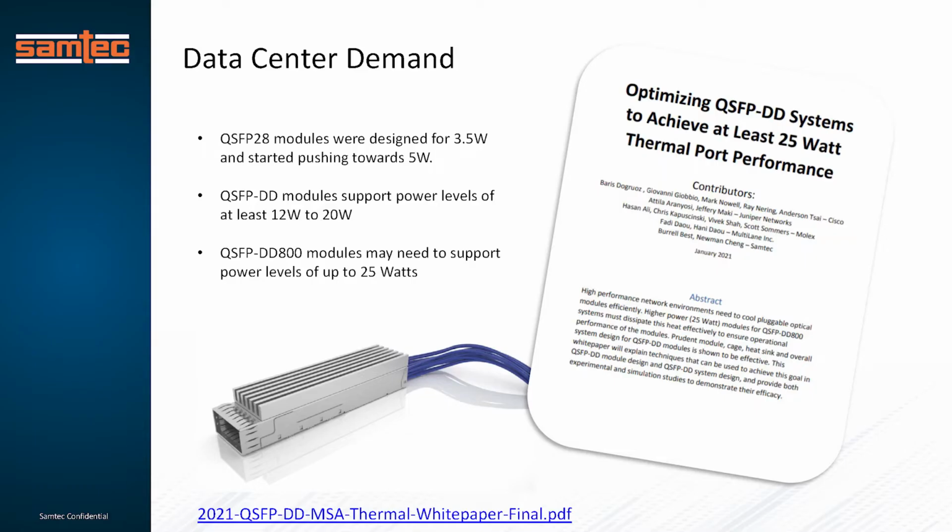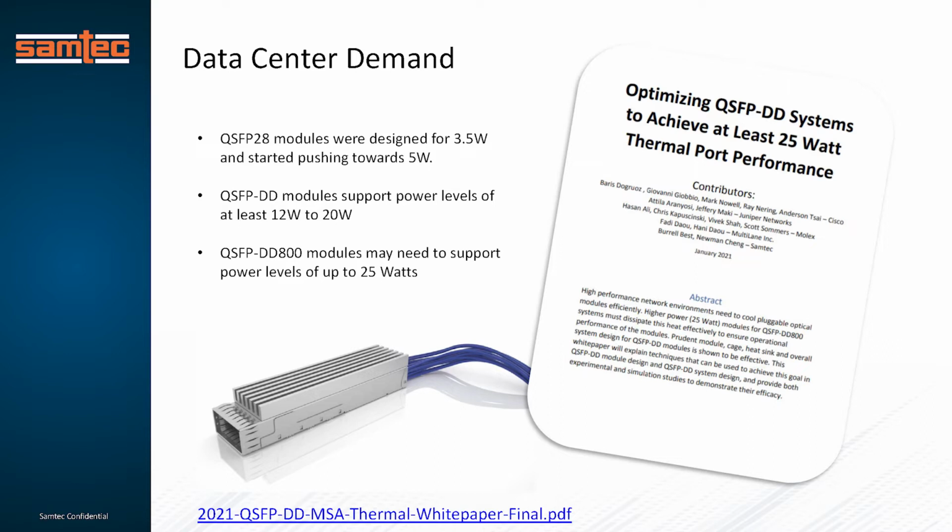As we look at the future panel interfaces for system designs, we look back at the QSFP modules. If we look at the QSFP28, these were designed for 3.5 to 5 watts of power per module. Once we add the double density, or the QSFP-DD, these powers went up to 12 to 20 watts per module.